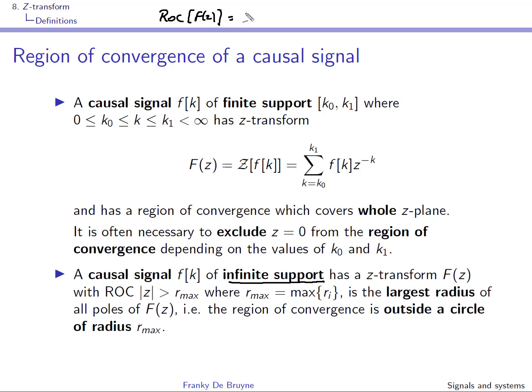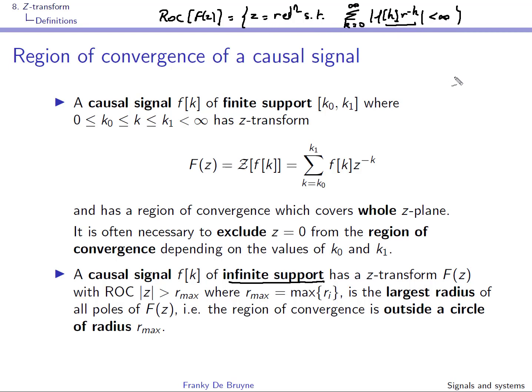It was the set of all z that could be written in polar form r e to the j omega, such that this sum ranging from 0 to infinity of f of k r to the minus k, in absolute value, is converging.